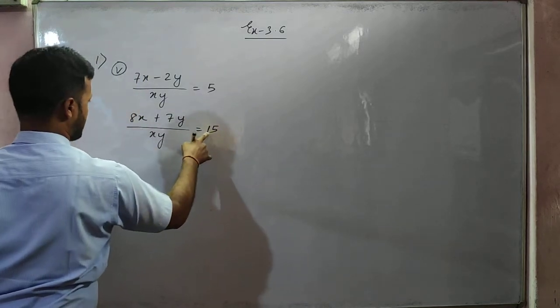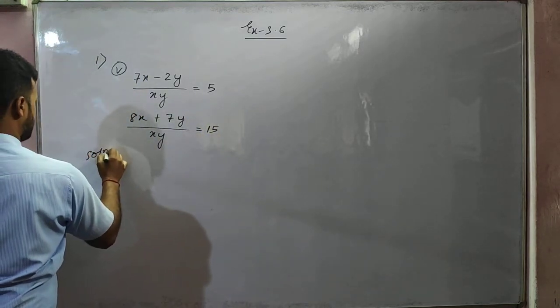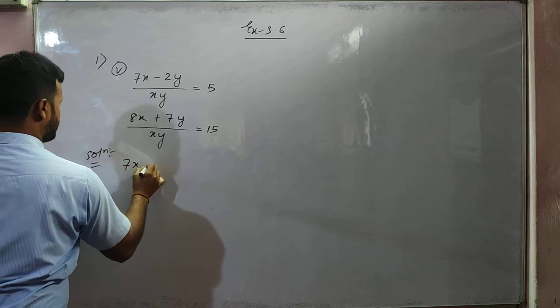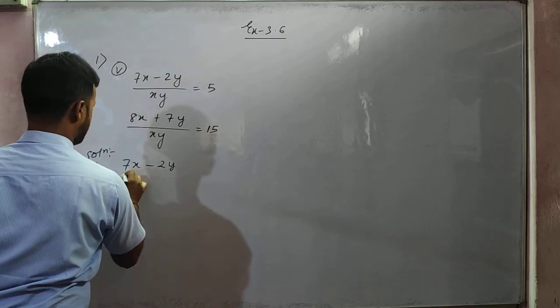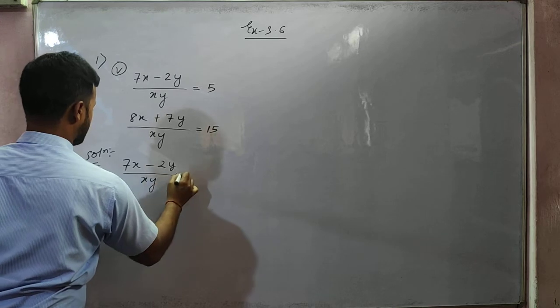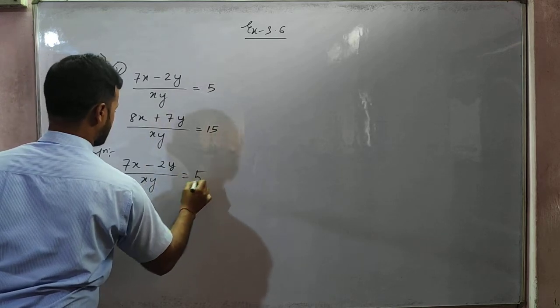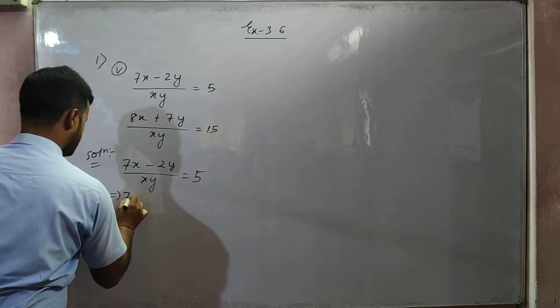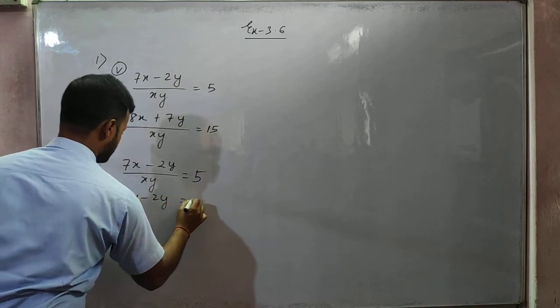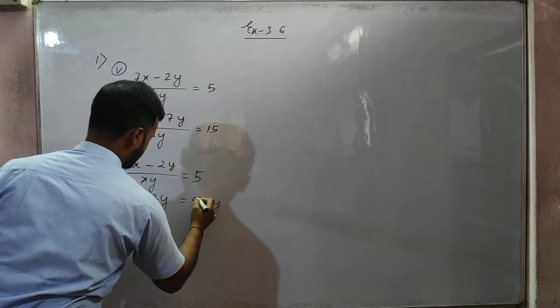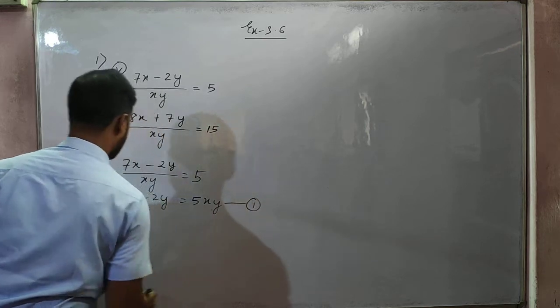Okay, so 7x minus 2y by xy is equal to 5. So 7x minus 2y is equal to 5xy. Mark it number 1.